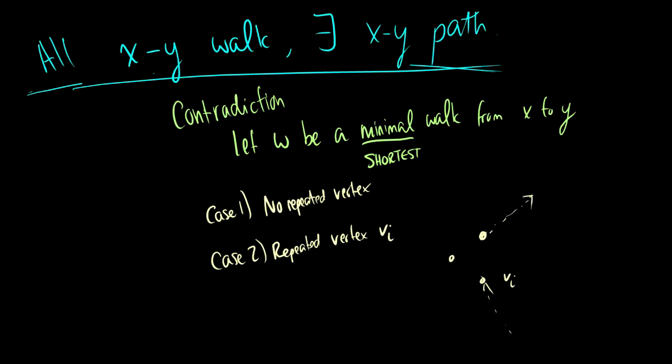So what happens is I go from here, and then let's take one down here, and I go to here, and then I walk back up top, and I continue along my way. So I should probably do this in a different color. Let's do it in this color. So when I get to some repeated vertex vi, which is this one, what should I do about that? And if I do something with that, what's the problem?